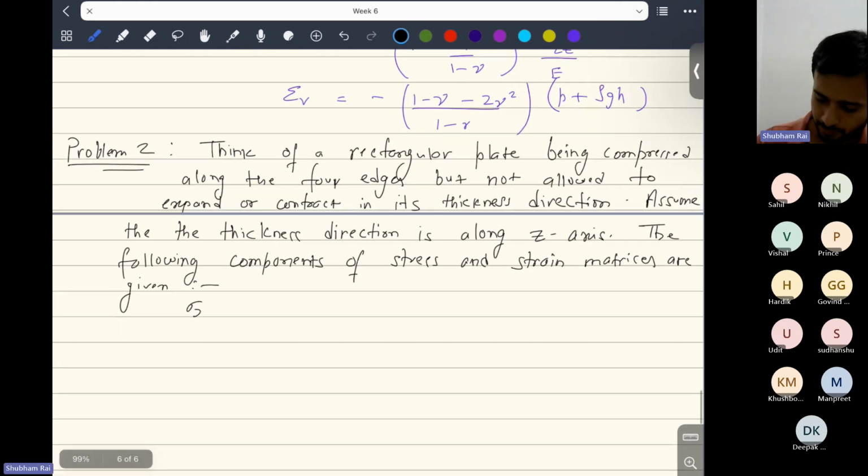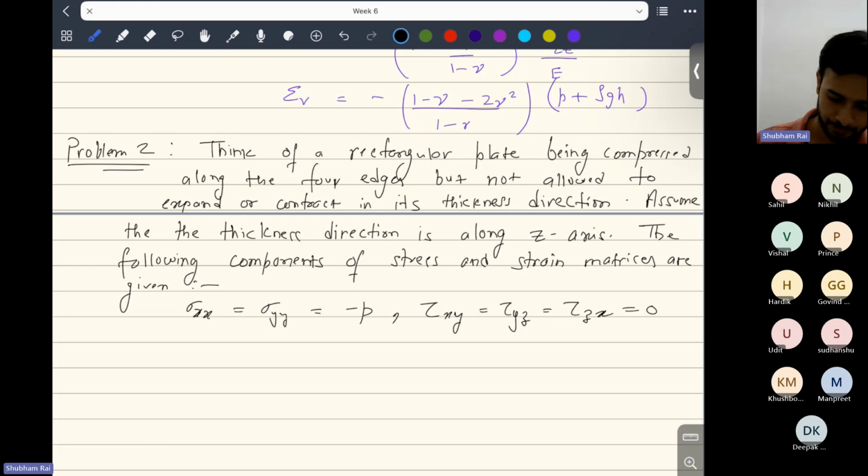So those are sigma xx equal to sigma yy is equal to minus p, and tau xy is equal to tau yz is equal to tau zx.